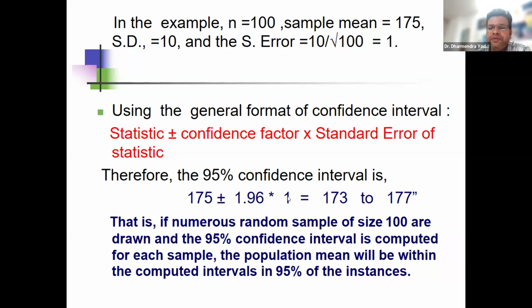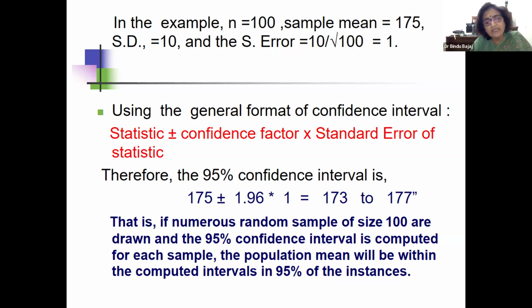And the standard error is 1. So the value will be 175 plus minus 1.96. So this is your range. It means the population mean height lies in the range of 173 to 177.